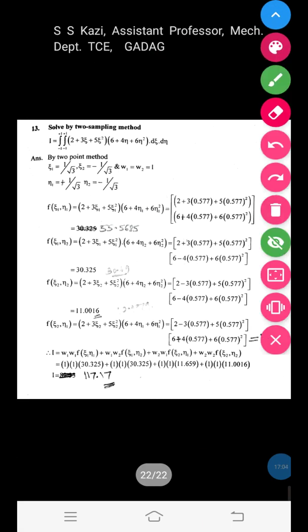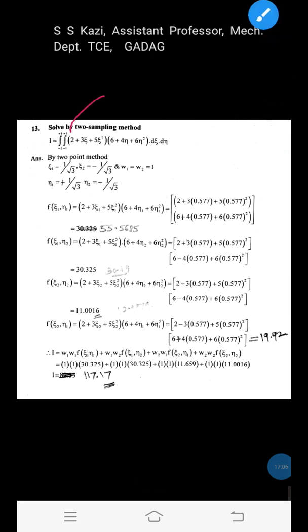One more problem we will consider now, from the limits -1 to +1, by using the 2 sampling method, that is again the 2-point method. How to evaluate this integral? Here, in one bracket it is 2 plus 3 zeta plus 5 zeta square, and the other is 6 plus 4 eta plus 6 eta square. Using the 2-point method, you write zeta 1 is 1 by root 3, zeta 2 is minus 1 by root 3, eta 1 is plus 1 by root 3, eta 2 is minus 1 by root 3, and w1 w2 is equal to 1.